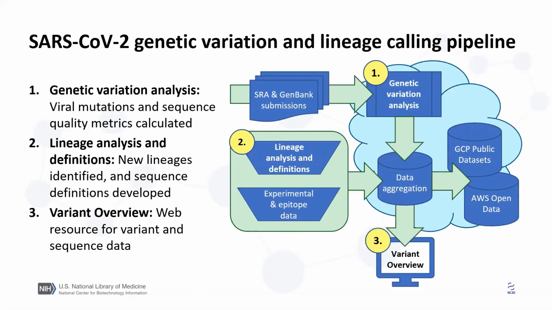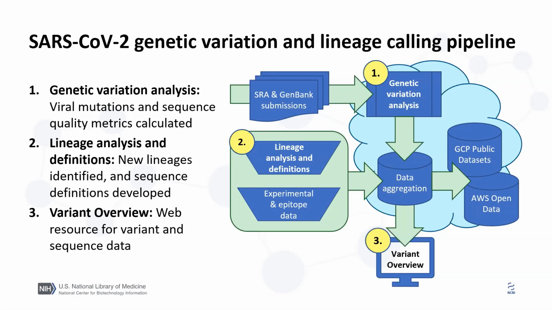The pipeline we ended up with was pretty complicated. It involves many people and several different teams at NCBI, as well as outside collaborators. So in one step of the pipeline, sequence data from GenBank and SRA go through a validation step. Contigs are built for unassembled data, and then mutations are identified by comparing to the RefSeq.